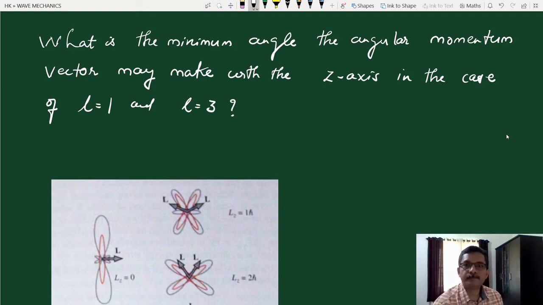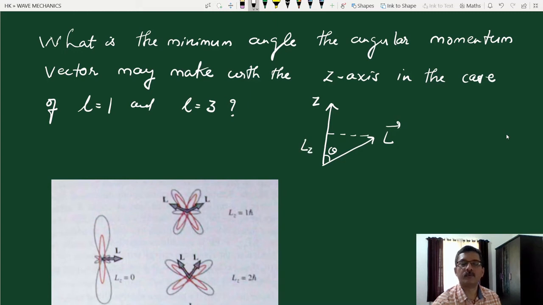So let us say this is the z-axis and this is the angular momentum vector. Okay. So if the angle between them is theta, if you drop a perpendicular here, this is Lz. Therefore, from this figure we can see that cos theta is equal to Lz divided by mod L, the magnitude of the angular momentum vector.